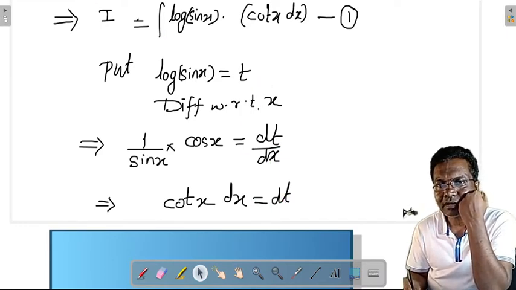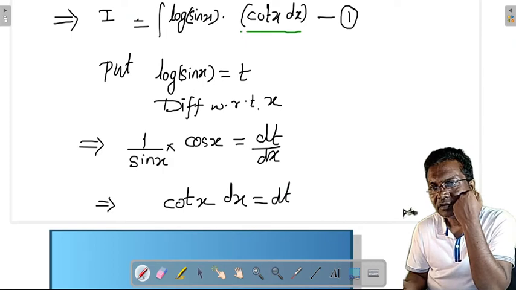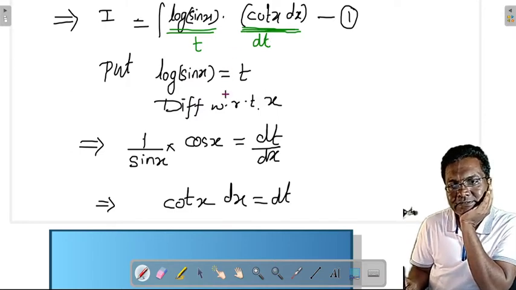Okay, now look here. We have cot x dx, that is dt, and this is your log sin x, that is t. So you will get t dt under the integral sign.